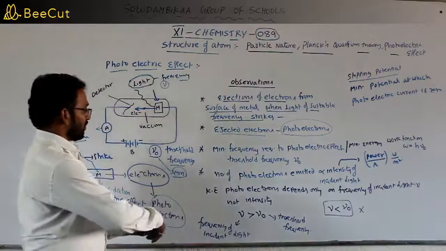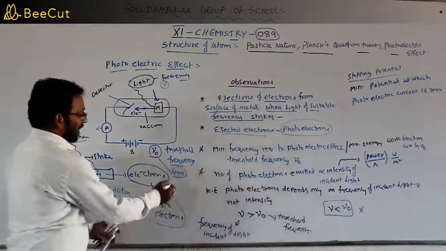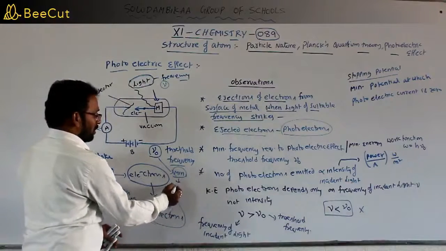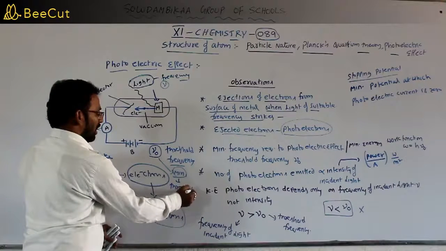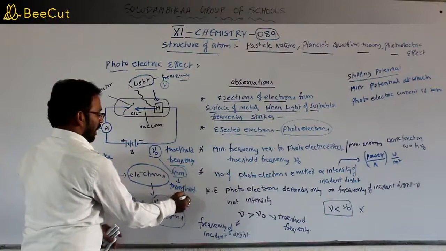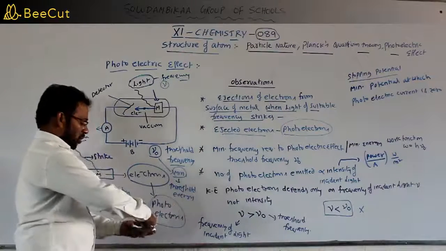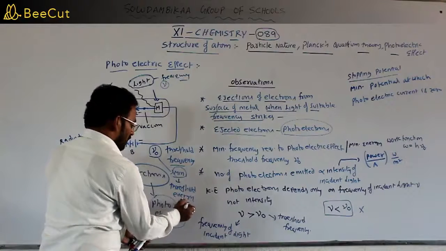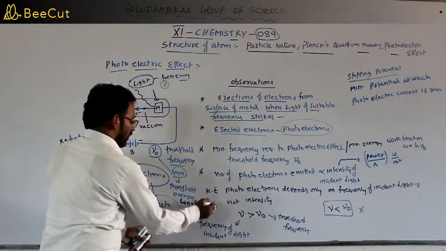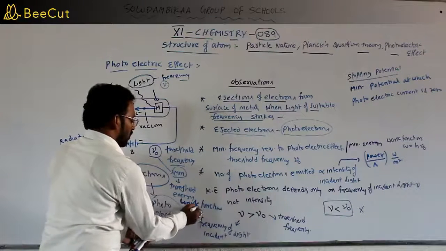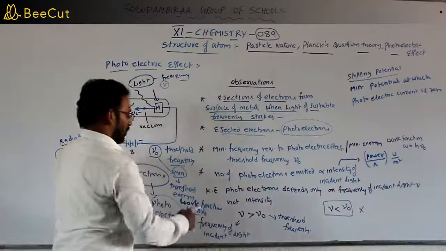Now the minimum energy is called threshold energy. Threshold energy is the minimum energy, also called the work function, denoted by W, that is equal to h nu naught.